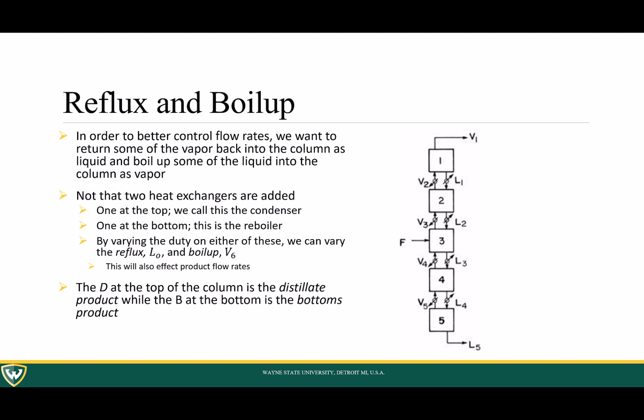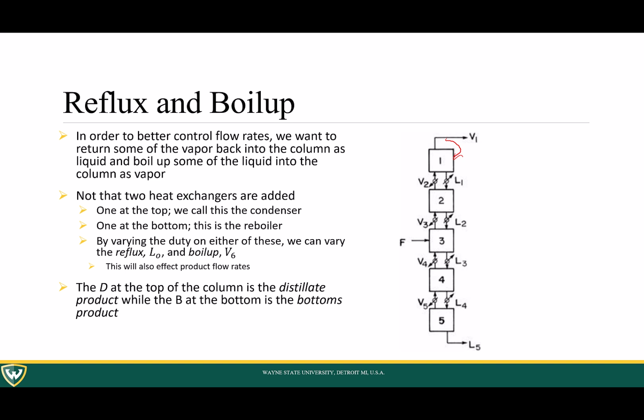Reflux and boil up. In this process, the liquid flow and the vapor flow between all these stages and overall is going to vary. In order to better control the flow rates, we would want to take some of the vapor and put it back into the drum.